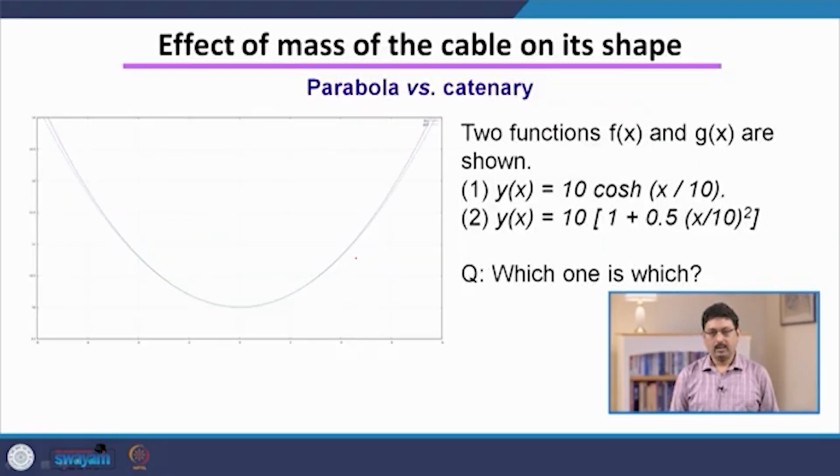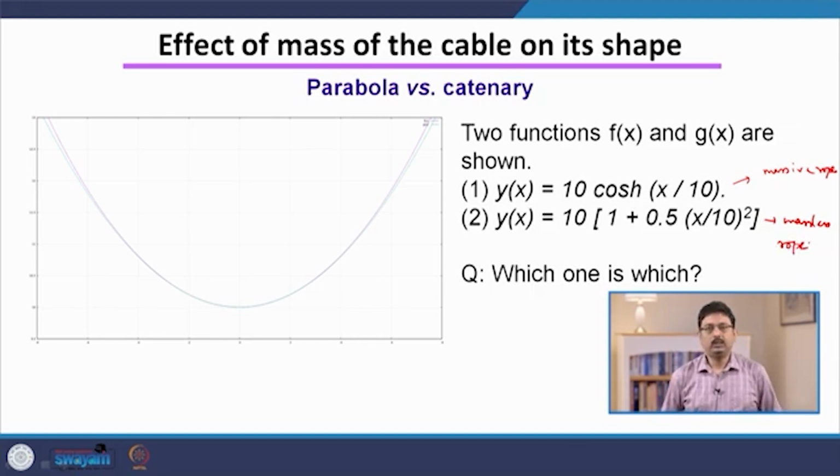Here I show two functions, mentioned here. One function represents this cos hyperbolic function, and the other represents the parabolic function. These functions are chosen so that they match the equation that we found from our analysis. This will represent a massive rope or cable, and this will represent a massless rope or cable.